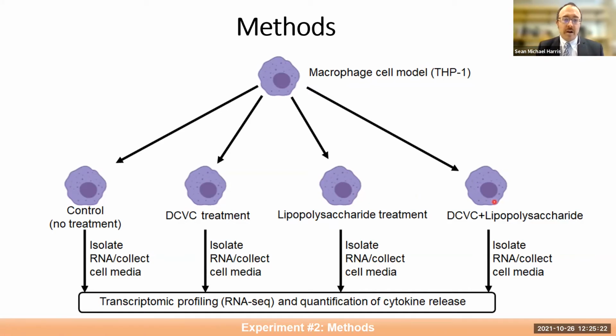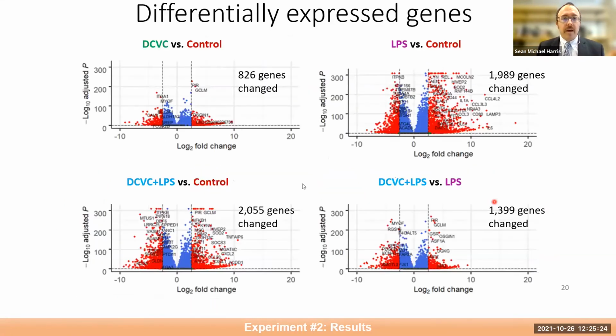Jumping into the RNA sequencing data, these are volcano plots, where the red dots indicate significantly changed genes under different comparisons. The fold change is on the x-axis and the negative log of the p-value is on the y-axis, and we applied both of those criteria for our significance criteria.